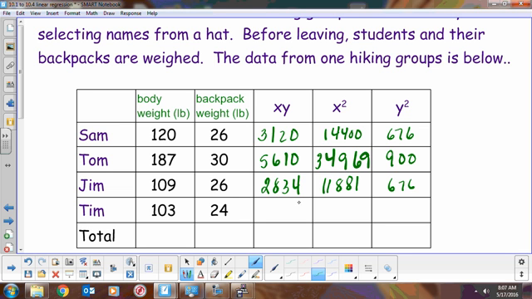All right, 103 times 24. X squared? 24 squared?